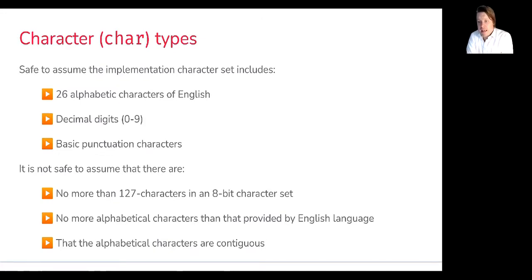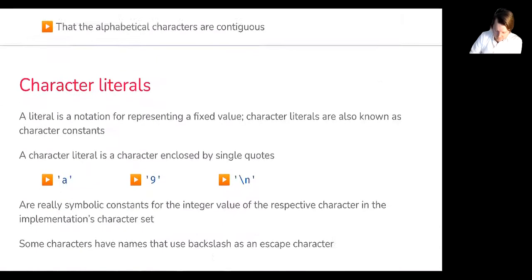But the key component here is there are other character sets, so be conscious about that. Don't build assumptions into your program based on what you're expecting, and then you deploy somewhere else and it's different. That'd be a hard bug to track down as well.